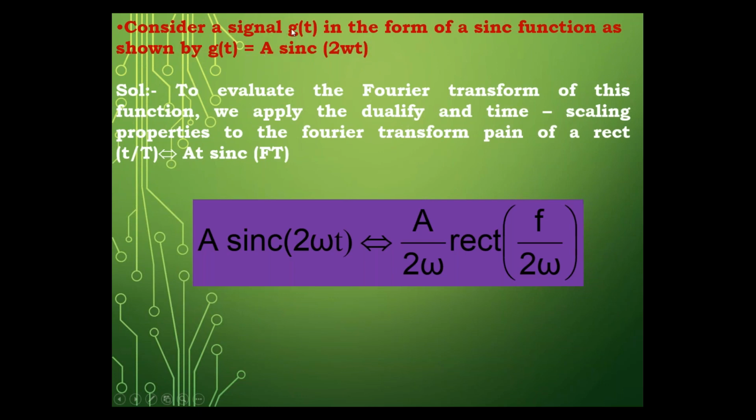Here we don't know how to find the Fourier transform of sinc 2 omega t, but we know the Fourier transform of a rectangular function. So I'm going to prove this example. Please note down this example. I'm giving some time.